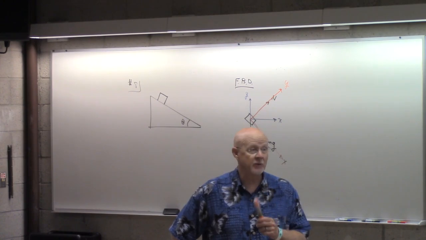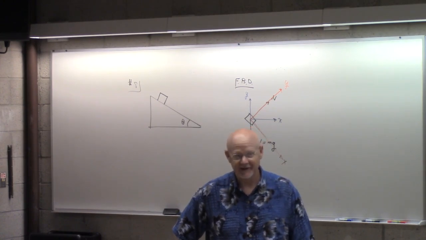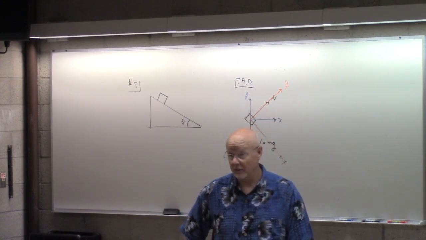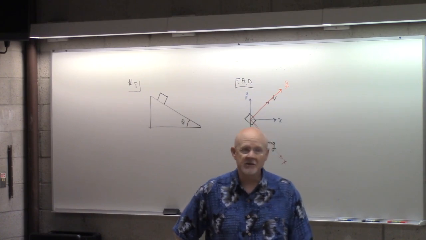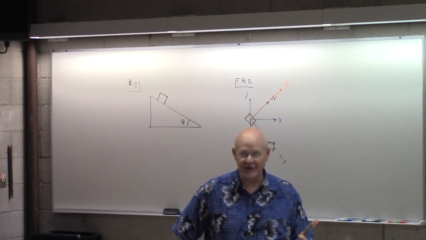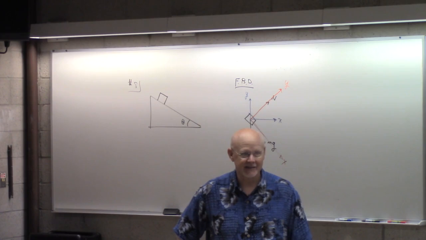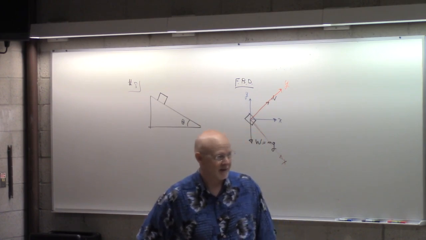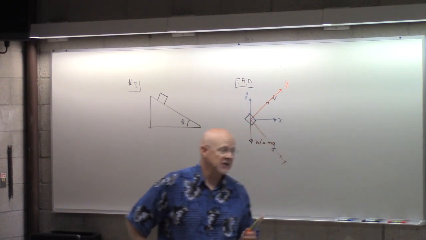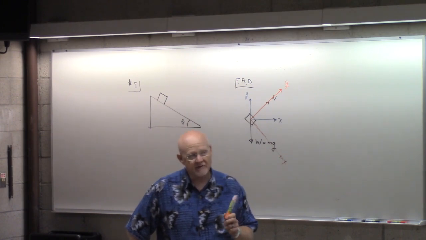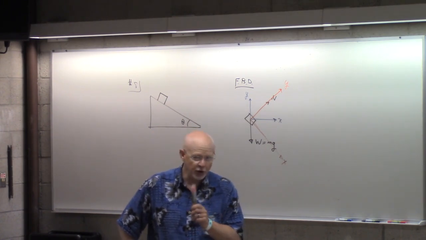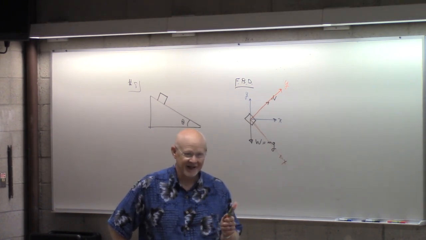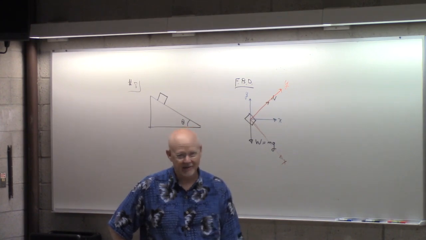So let's solve this with a tilted axis. Because I'm sure for many of you, maybe even all of you, it's the first time you did the problem with a tilted axis. But my comment is, if you ever know the direction of the acceleration, if you put your axis in that direction, it's so much easier.